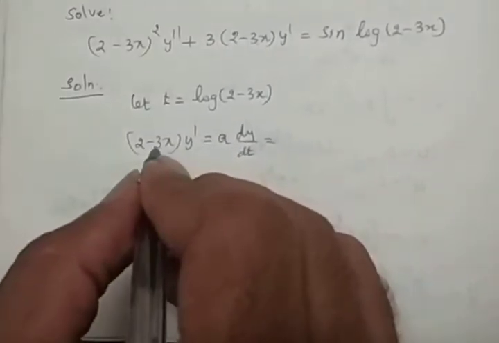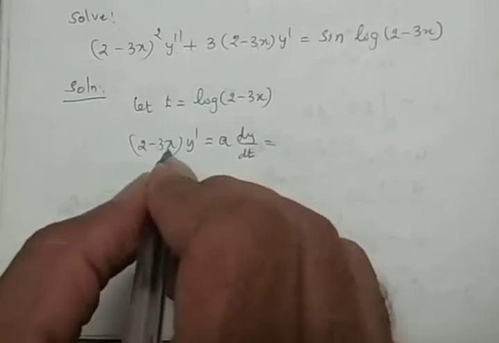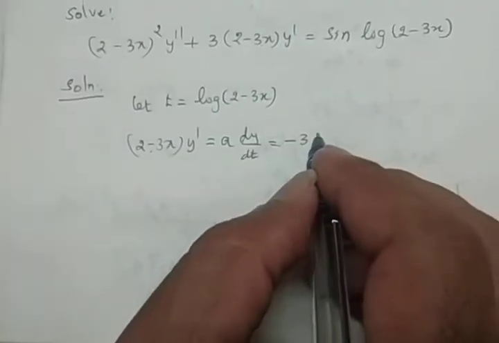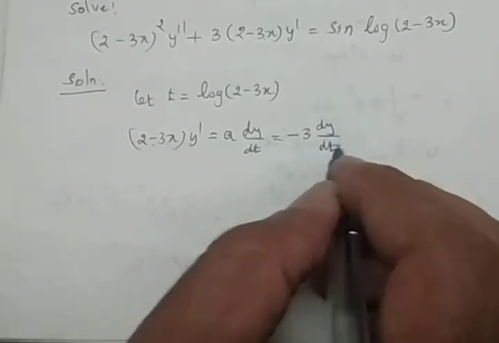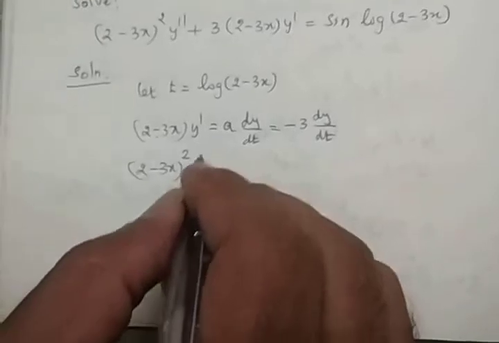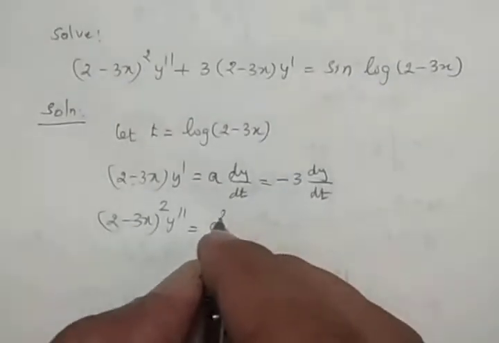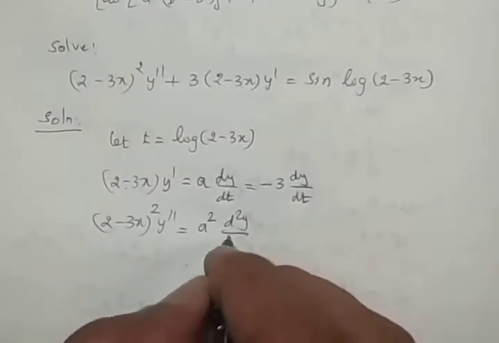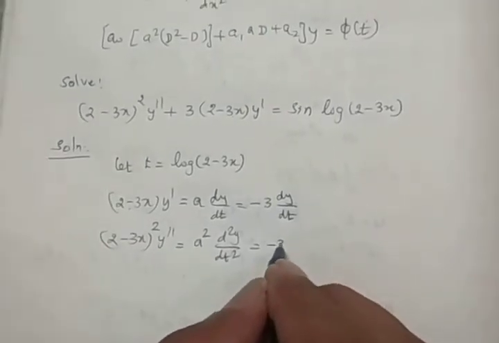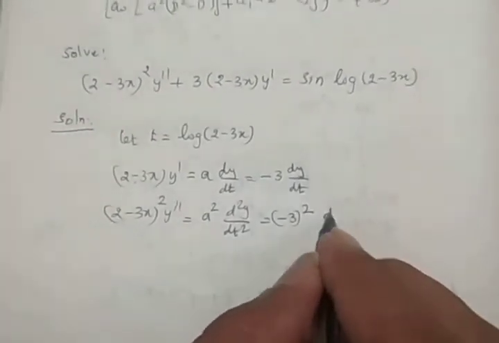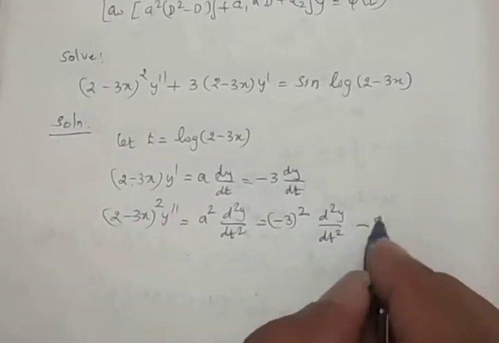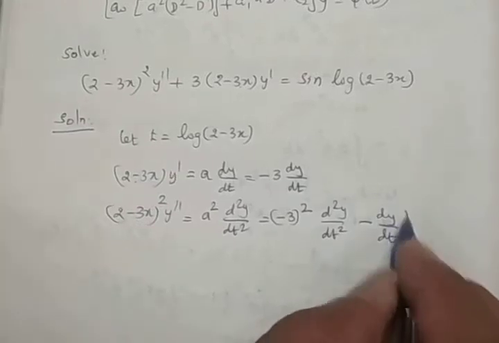a is nothing but the coefficient of x. The coefficient of x is minus 3. So here it is minus 3 dy/dt. (2 - 3x)² y'' can be written as a² d²y/dt² minus dy/dt. It is nothing but (-3)² times (d²y/dt² - dy/dt).